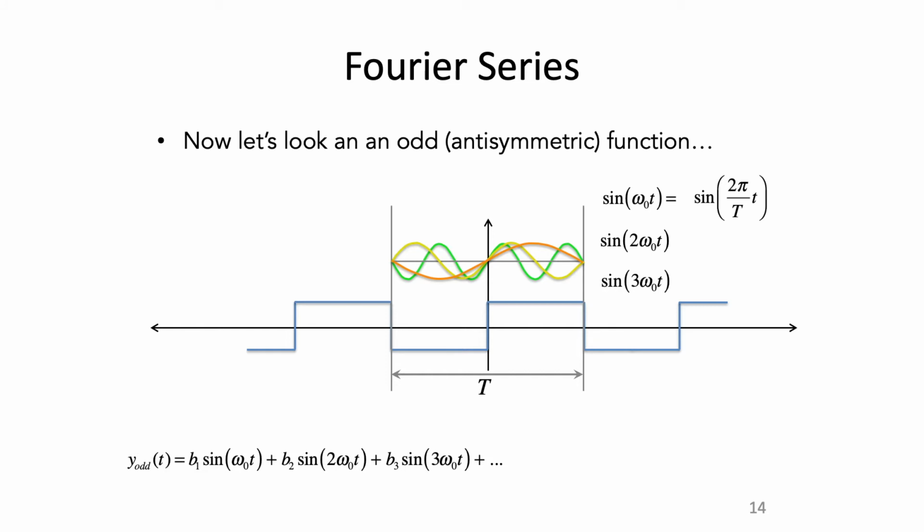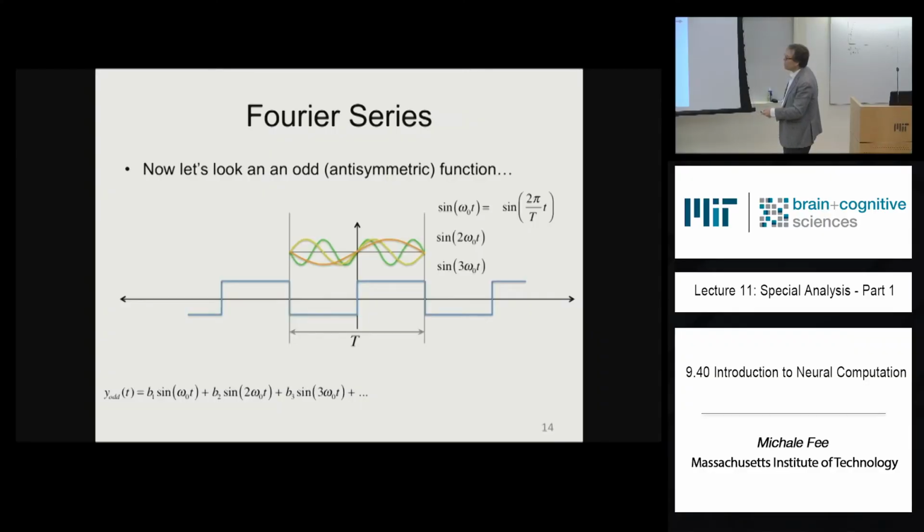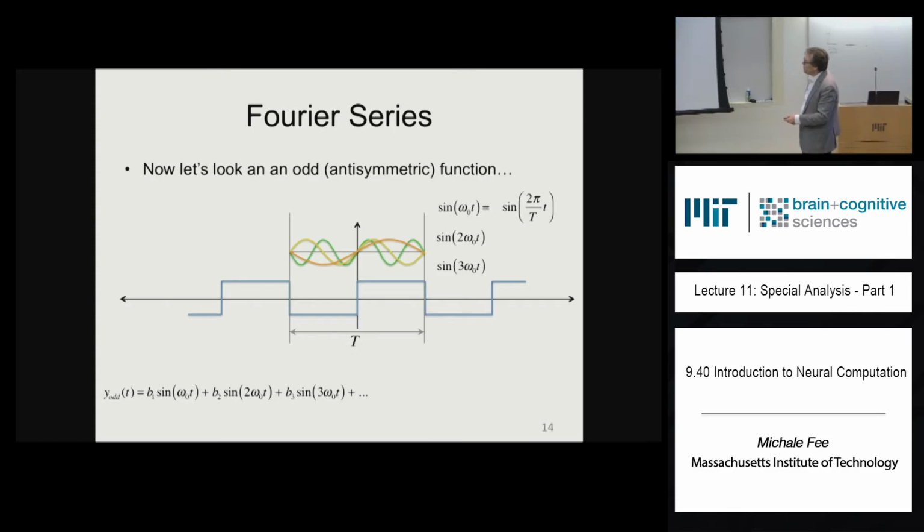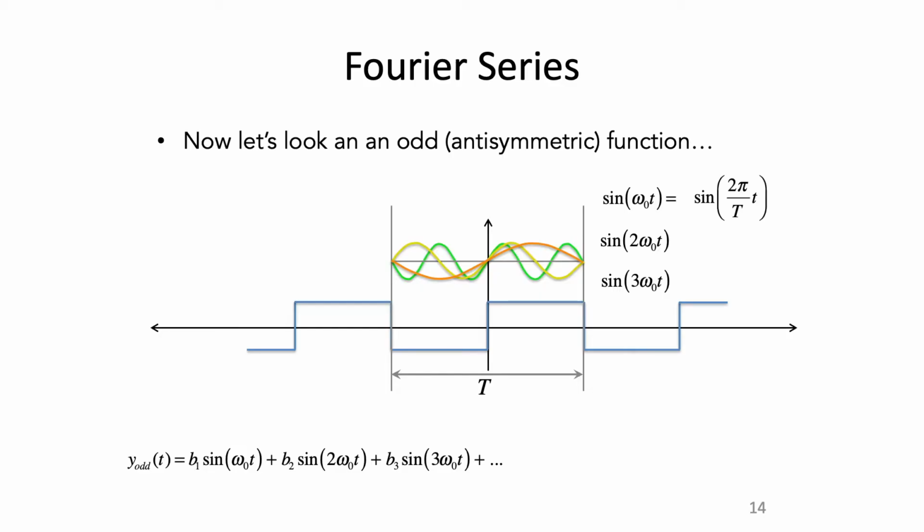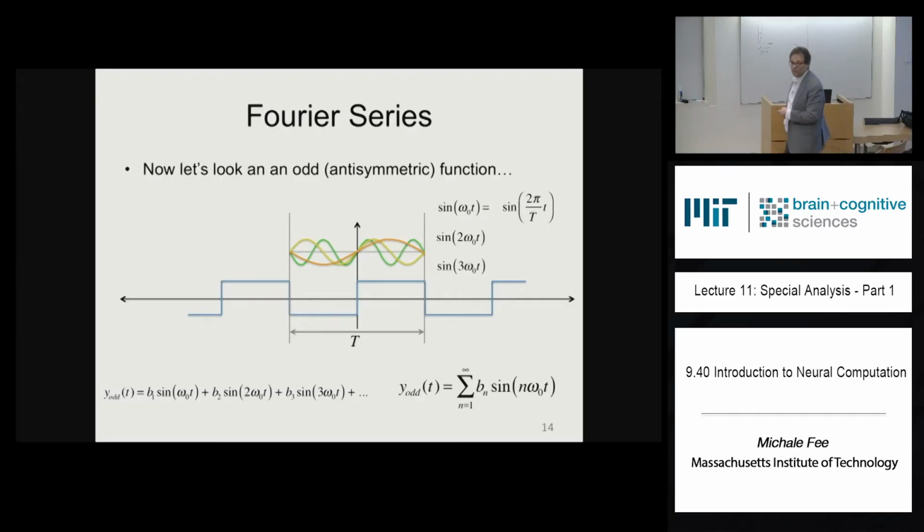All right, so again, our odd functions can be approximated as a sum of contributions of different frequencies with a coefficient times sine of omega naught t plus another coefficient times sine of 2 omega naught t, and so on. And we can write that as a sum that looks like this. So a sum over n from 1 to infinity of coefficient b sub n times sine of n omega naught t.